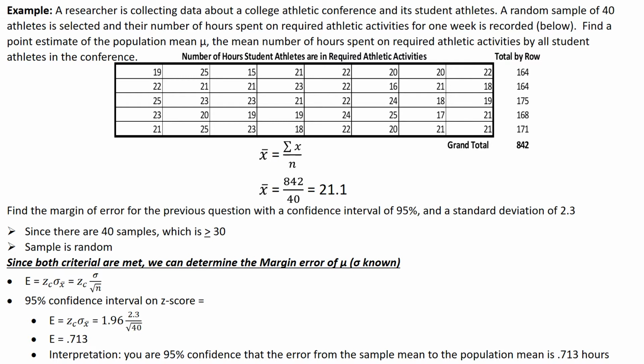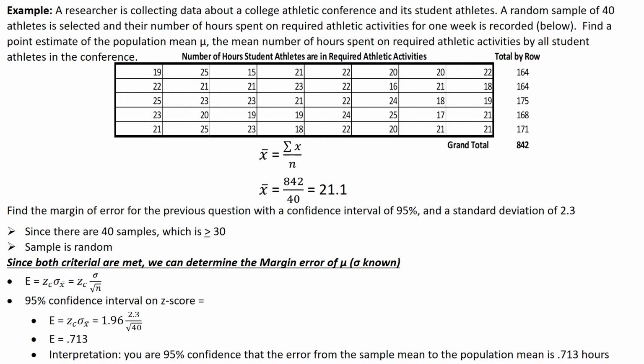To find the margin of error, E equals the z-score for that 95% times the standard deviation divided by the square root of the number of samples.